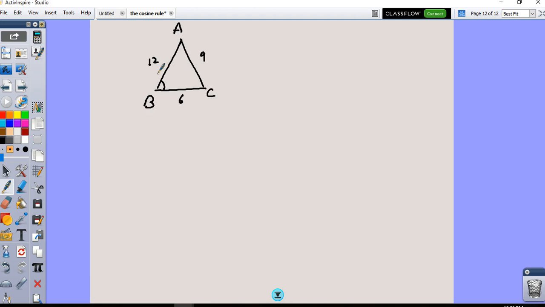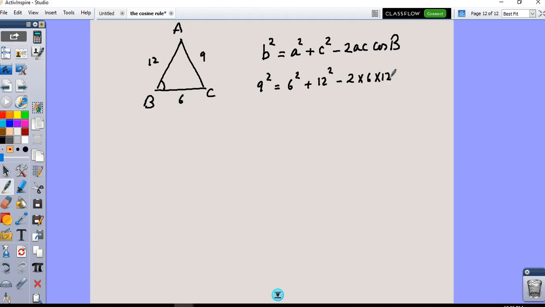So we have three sides and we want to find a particular angle, which is B. We need the formulation of the cosine rule that contains cosine B, and that would be b squared equals a squared plus c squared minus 2ac cosine B. Substituting, little b squared is 9 squared, little a squared is 6 squared, and c squared is 12 squared, minus 2 times 6 times 12 cosine B. Rearranging gives us 9 squared minus 6 squared minus 12 squared equals 2 times 6 is 12 times 12 is 144, so that's negative 144 cosine B.